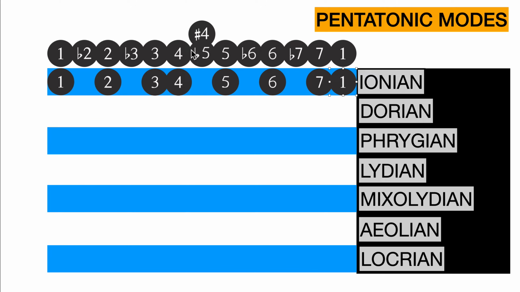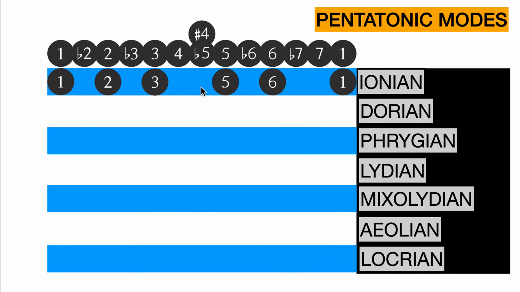So the pentatonic system eliminates the 4 and the 7, leaving us with the 1, 2, 3, 5, 6. Notice this is not a 1, 2, 3, 4, 5 because it's based upon the major scale. So it's a 1, 2, 3, 5, 6, 5 different notes. 1, 2, 3, 5, 6 of the major scale is the pentatonic scale.